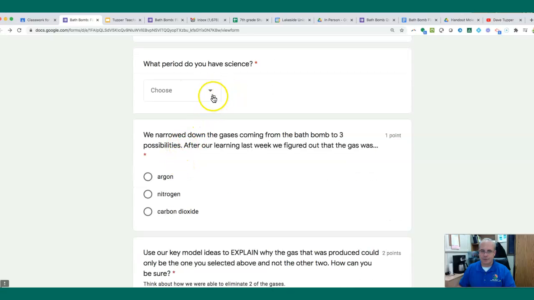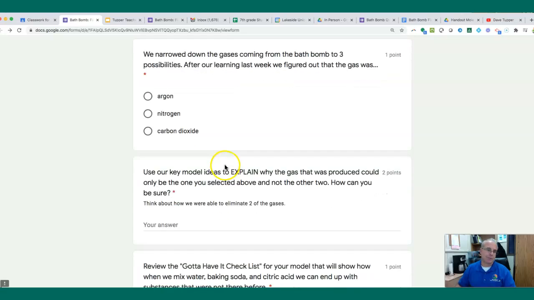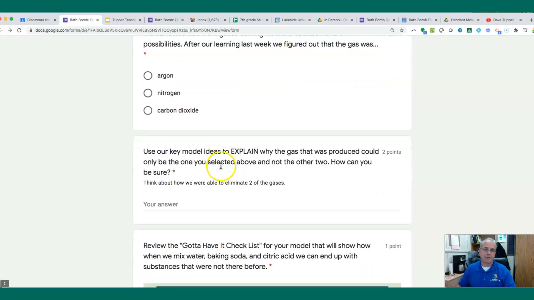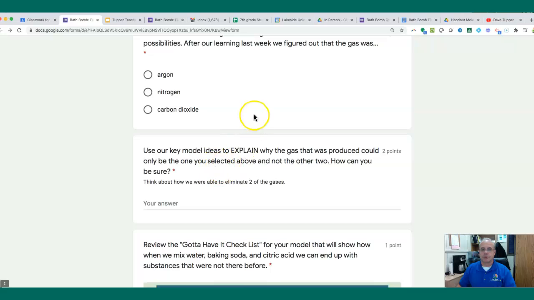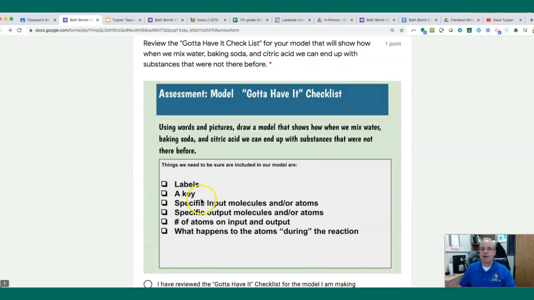This is period 3 or 4 for distance. And then you have a couple of quick questions. Think carefully. Don't rush through this to be done. Okay, read carefully, use your resources. So you're going to make a selection here, then you're going to explain your selection. Then it says review the Gotta Have It checklist.